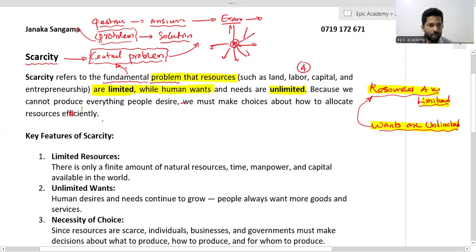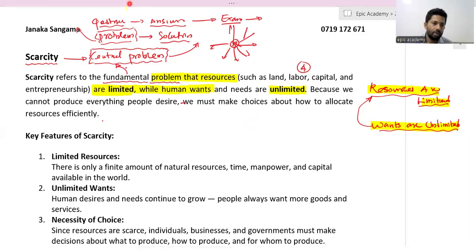Because we cannot produce everything people desire or expect, we must make choices about how to allocate the resources in an efficient manner to satisfy some amount of the wants of the people. That's the theory. Why?